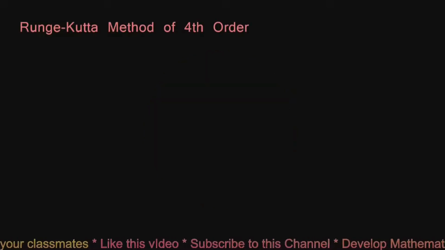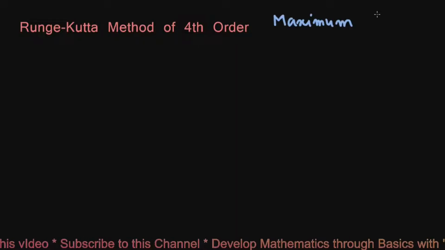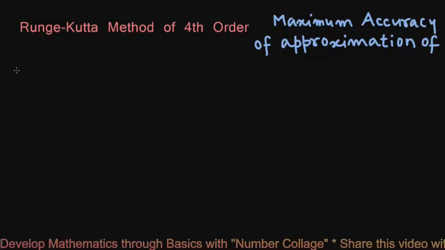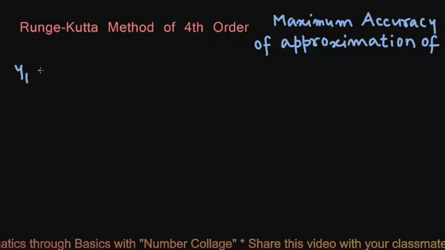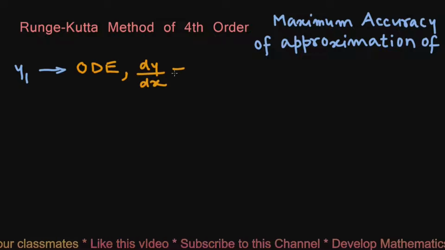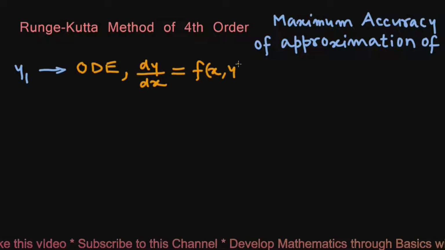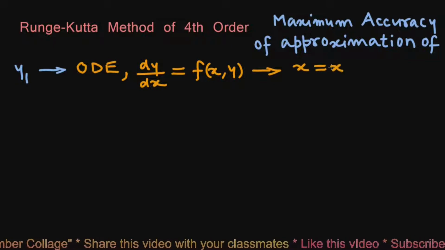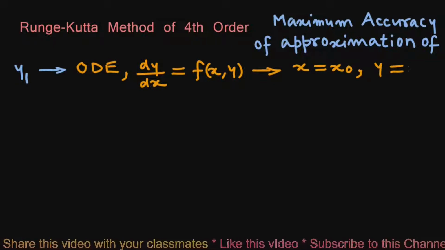Runge Kutta method of fourth order gives maximum accuracy of approximation of the value of y1 in solving ordinary differential equation dy by dx equals f of x comma y with the initial conditions x equals x0 and y equals y0.